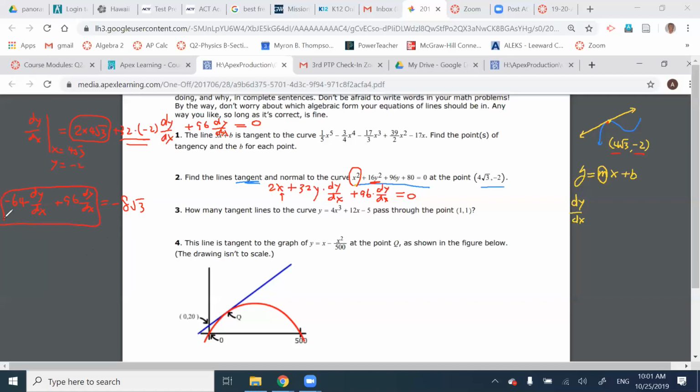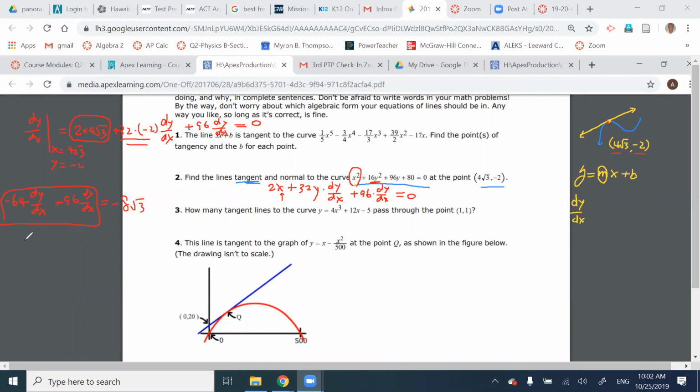What do you got? Amanda, what's this? Why is it -8? Because I moved this side onto the right side, right? Is that clear? So you just simply use 96 minus 64, right?